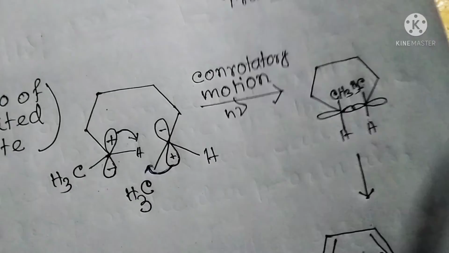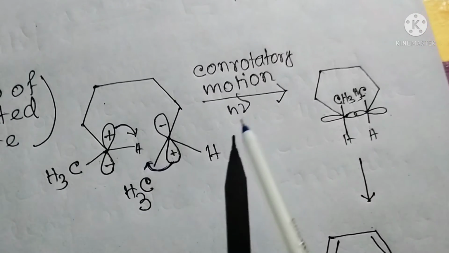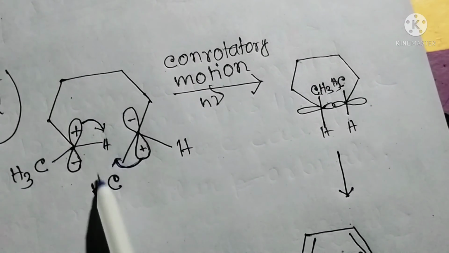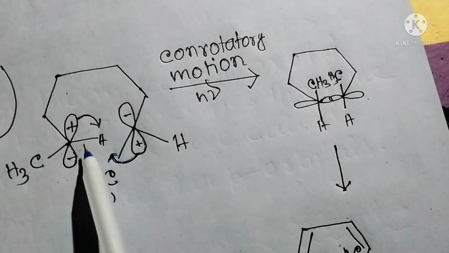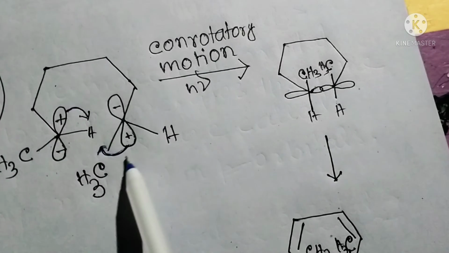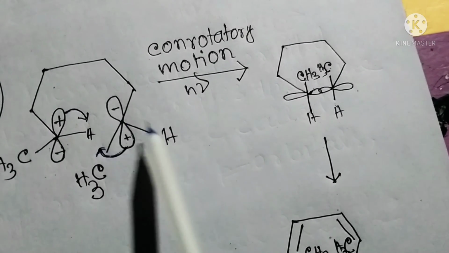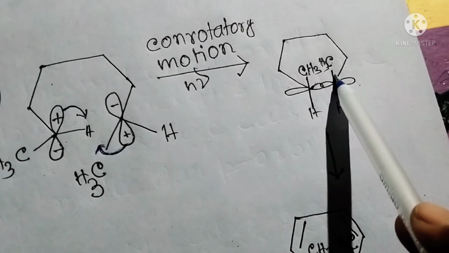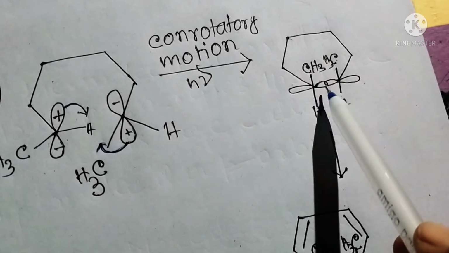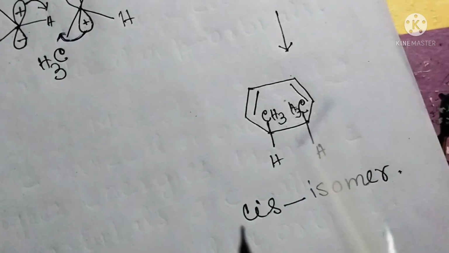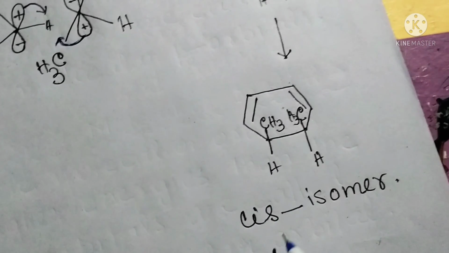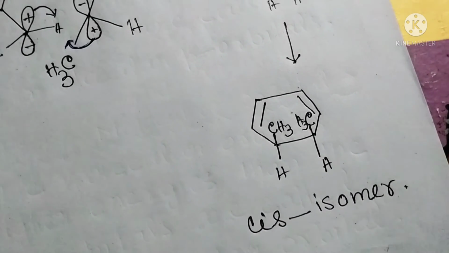So this is called conrotatory motion. In the presence of h nu, for this rotation CH3 goes upward and H goes downward, and for this rotation CH3 goes upward and H downward, so we get CH3 CH3 H H, and here a bond is making, and as a result we get this compound. This is the cis isomer.